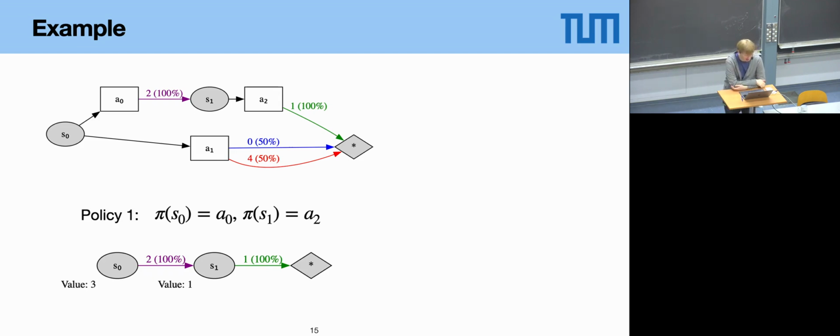And then we can compute the values. For state S0, as I said, values are defined as the sum of future rewards, meaning we just follow the arrows. So for state S0, we have a reward of 2 and then a reward of 1. So the sum is 3. That means the value of state S0 is 3. And for state S1, it's even easier because there's just one arrow to follow, a reward of 1. So the value of state S1 is 1.